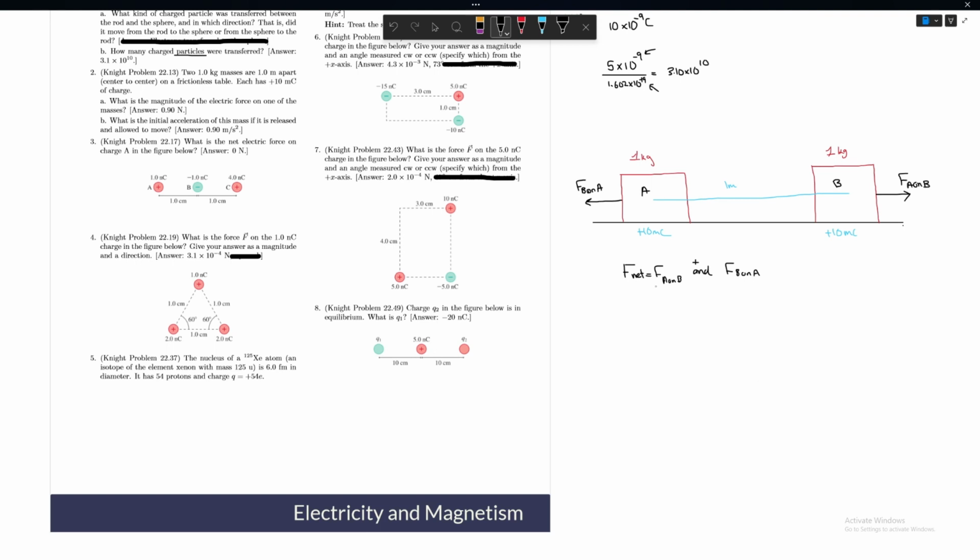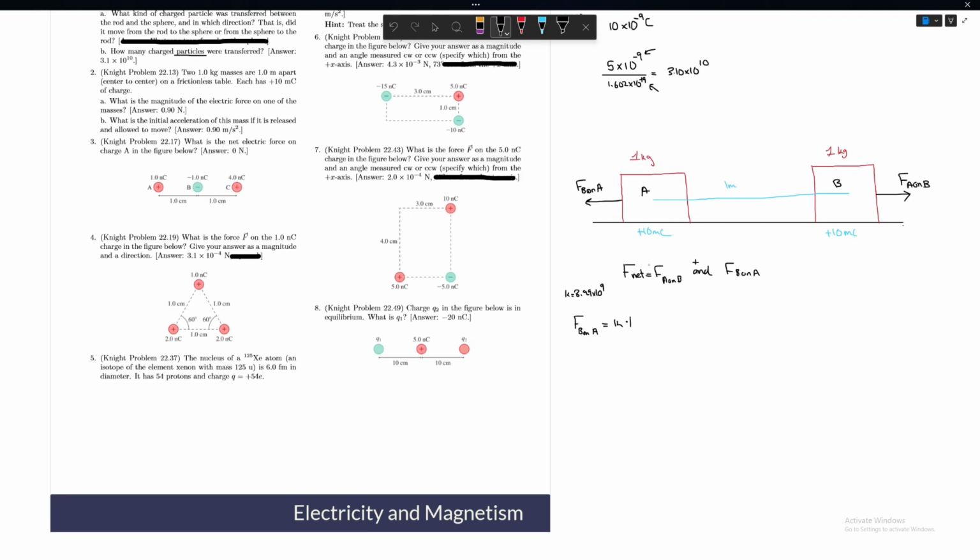And so to calculate this, all we've got to do is use our force equation. Let's calculate the first force, which is B on A. B on A equals, we have the constant K, which is 8.99 times 10 to the 9, times the absolute value. Remember how I said the charge just tells you the direction, so you don't really need to include it here.